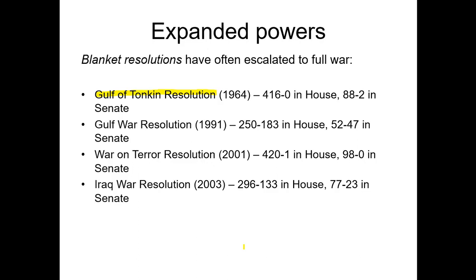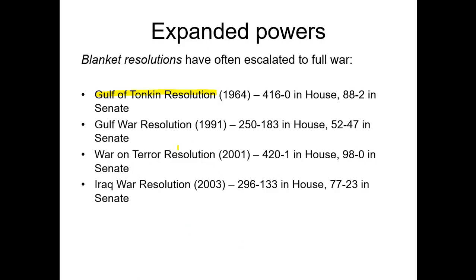Human beings in general like presidents who are a little bit more aggressive in taking care of problems. Plus, Johnson was running against Barry Goldwater, who was an extremely strong war hawk, even suggesting dropping an atomic bomb on Vietnam. So that's what Johnson was running against. So he said, give me this authorization to take care of this problem.